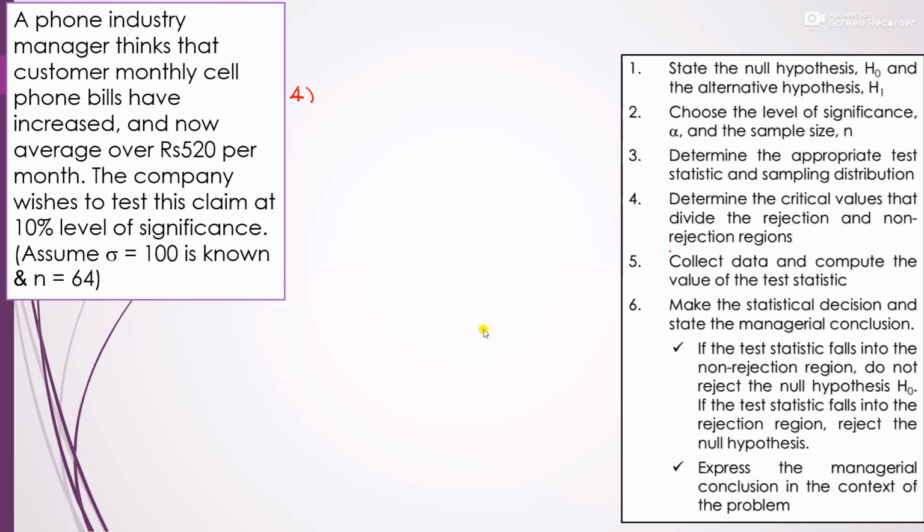So we have to identify whether it's a one-tail test or two-tail test, based on the H naught and H1 from step 1: mu is equal to 520 and H1 mu greater than 520.